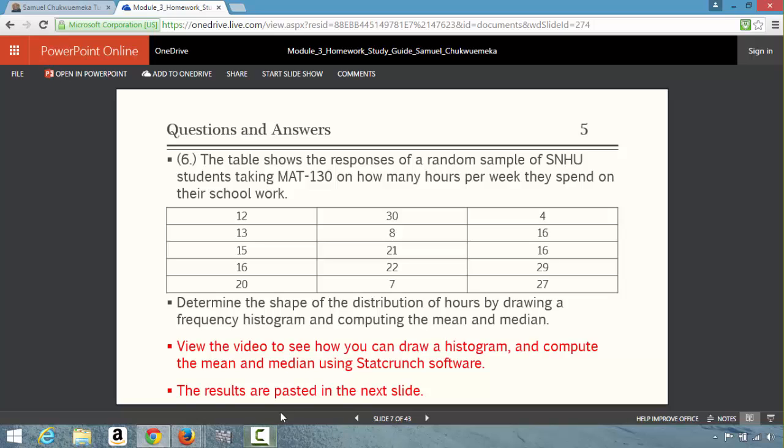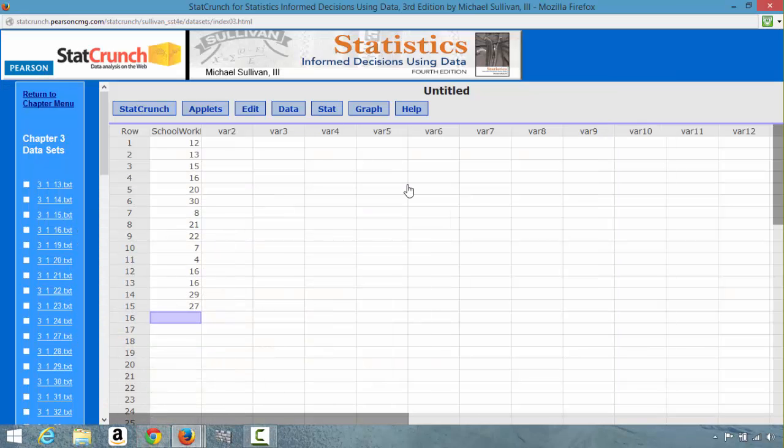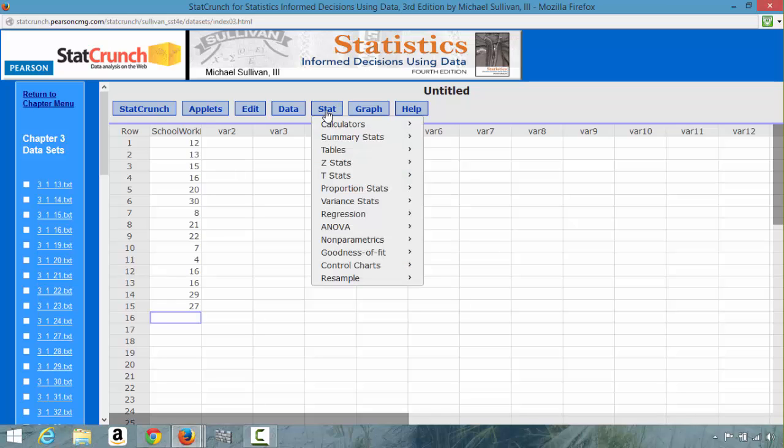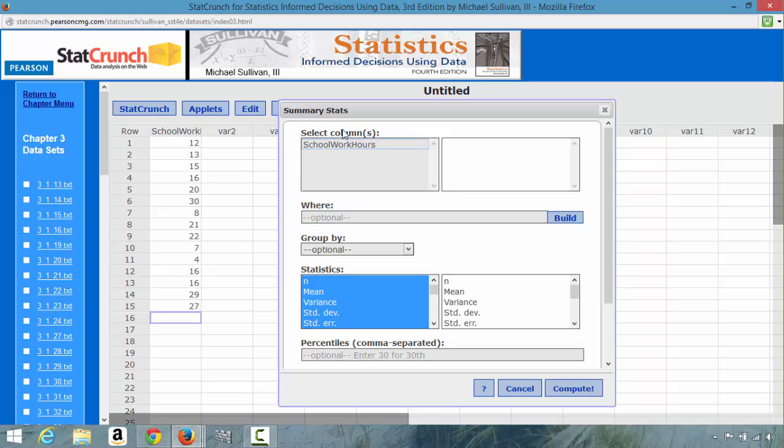Okay. So let's draw the histogram and then let's compute the mean and median. This is what we can do. Let's compute the mean and median first. So we go to Start, Summary Stats. We click Columns. And the variable is schoolwork hours. You just click on it to get it right here.